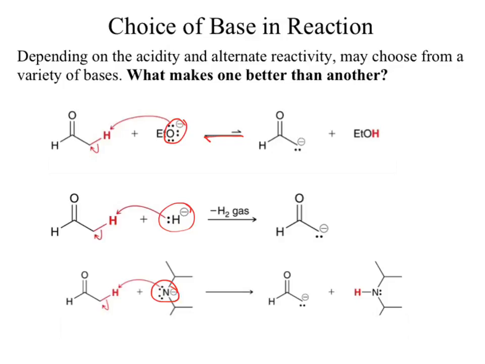Difference in electronegativity, and in the case of the hydride, difference in size. Which of those three bases is the most basic? The hydride. It is the smallest and least electronegative. Okay? Very important distinctions to go through and make when you're evaluating those.